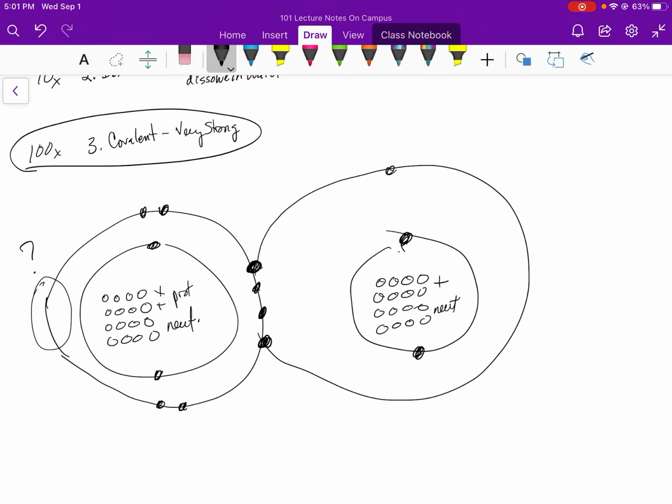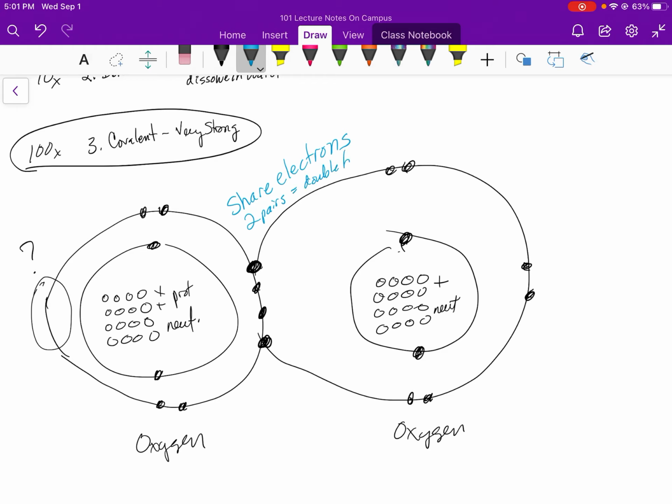Now, the drawing that I've just made has 2 oxygen, right? This is oxygen here, and this is oxygen here. And we had 6 in the outer shell, but if we allow them to share 2 pairs of electrons, right, 2 pairs equals a double bond, okay, 1 pair is a single bond.